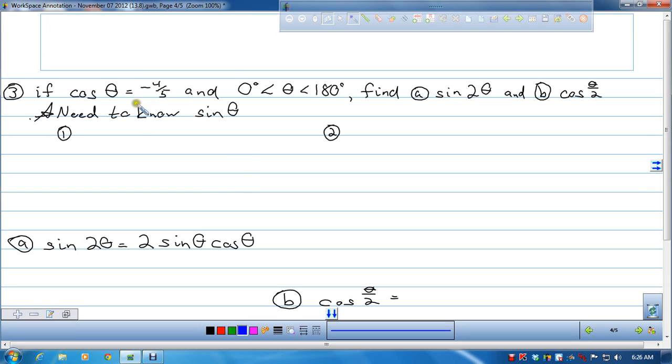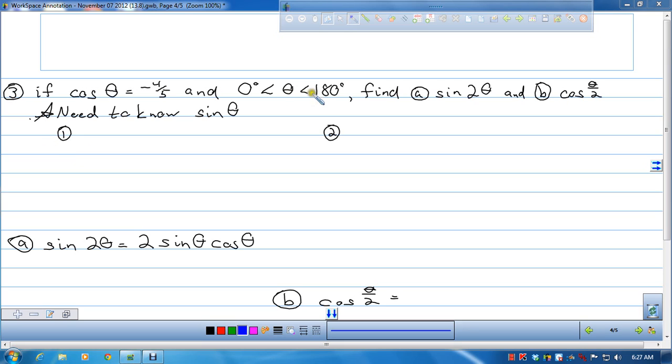So let's look at a problem here. It says if cosine is -4/5 and theta is between 0 and 180, I want you to find the sine of the double angle and the cosine of the half angle. Well, in order to know this, we need to know the sine. They give us the cosine, so we're going to start by figuring out what the sine is.